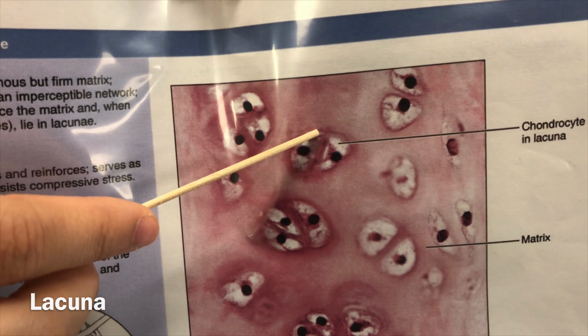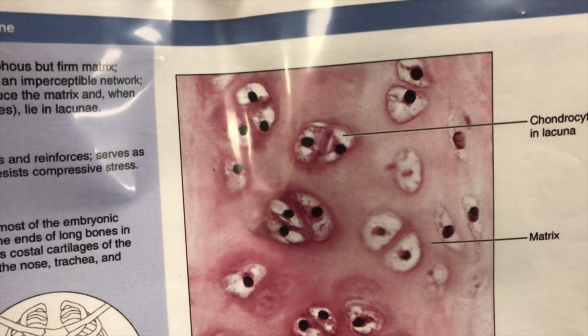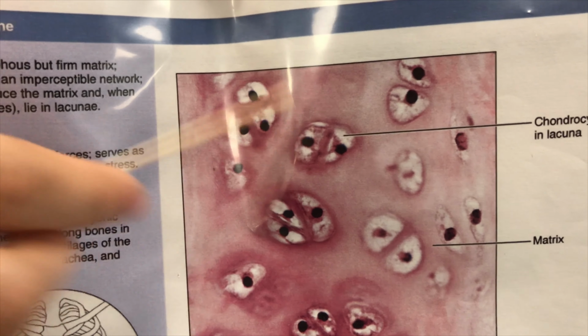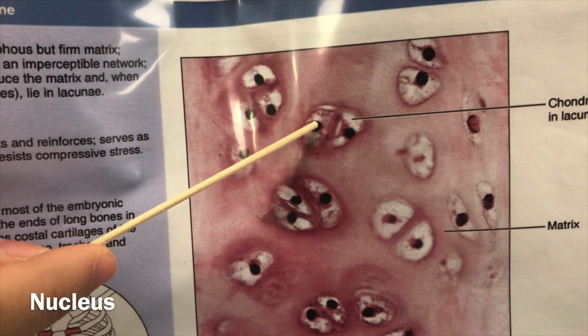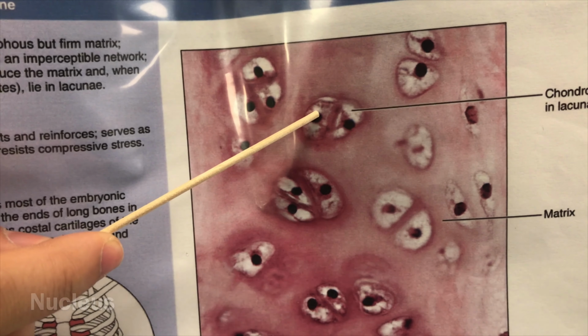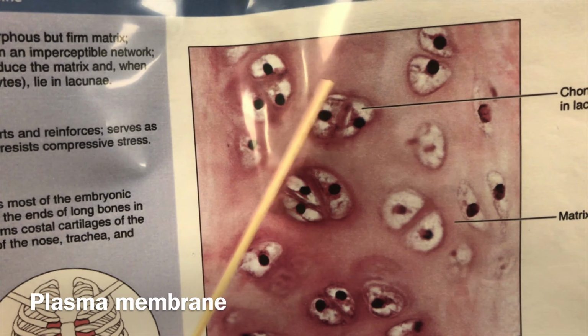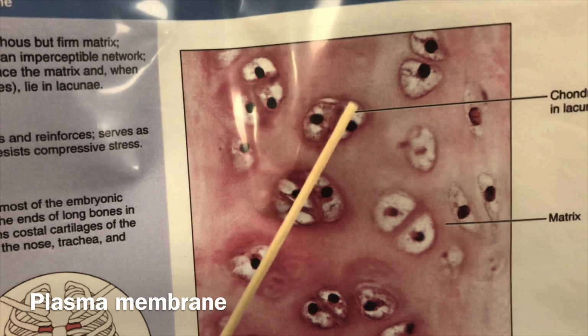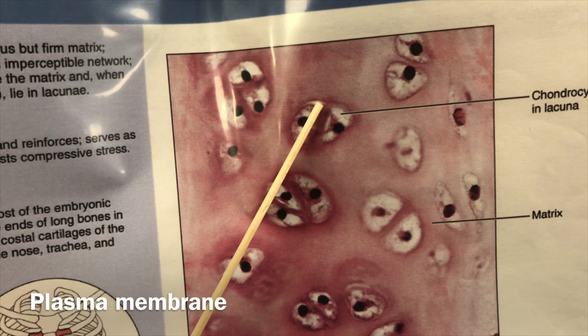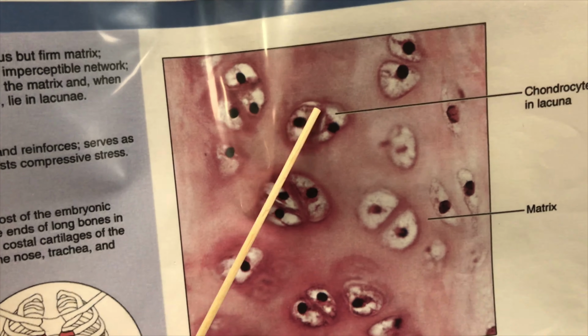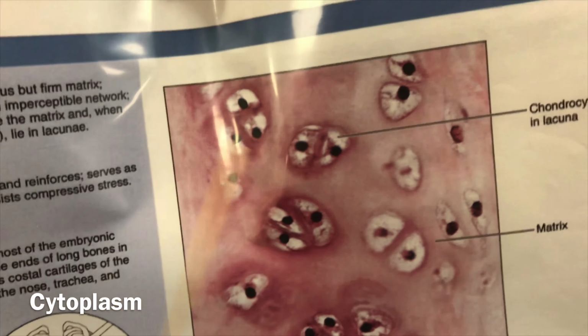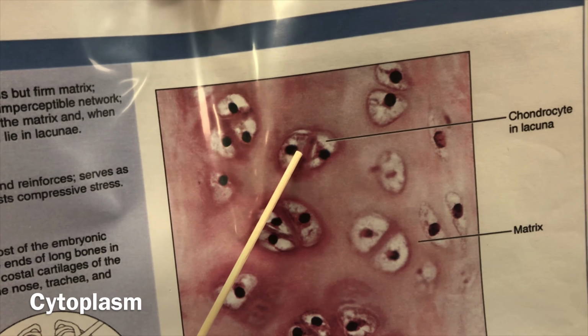That's actually the lacuna, this little indentation within the tissue that you can find the cells in. You have your nucleus, which is this little black dot in here. Your plasma membrane is not the outer edge, that's the lacuna. It's the second outer edge, which would be this cell within the lacuna. Cytoplasm is essentially everything around it.